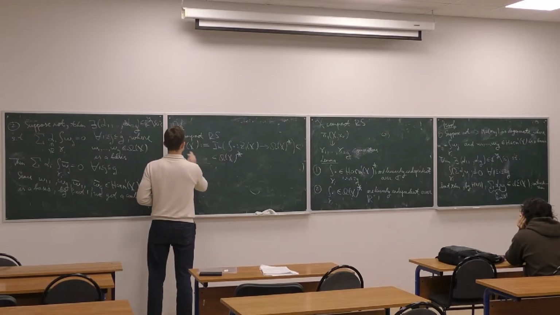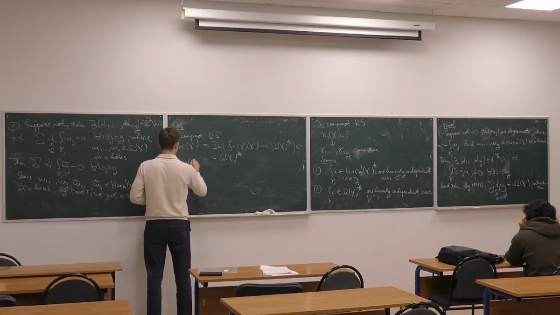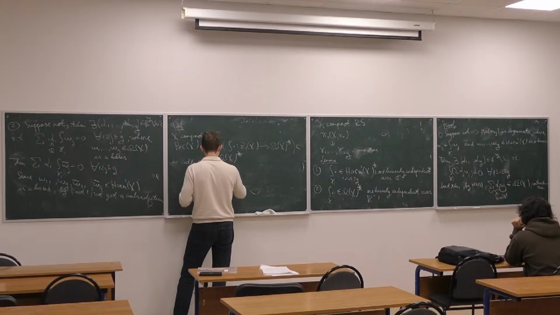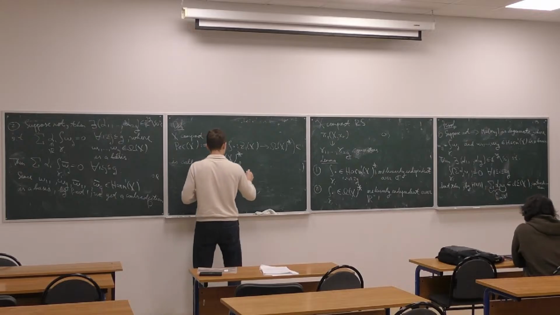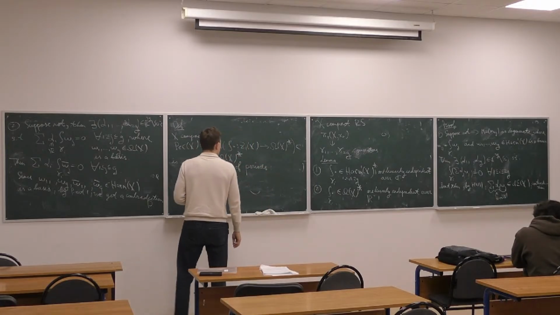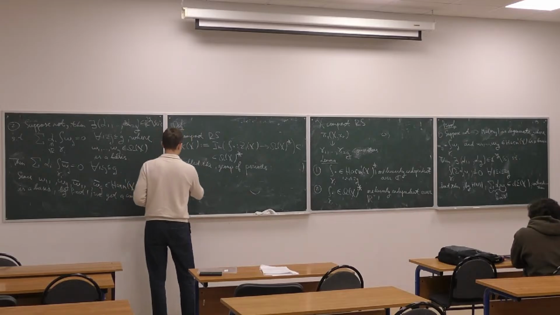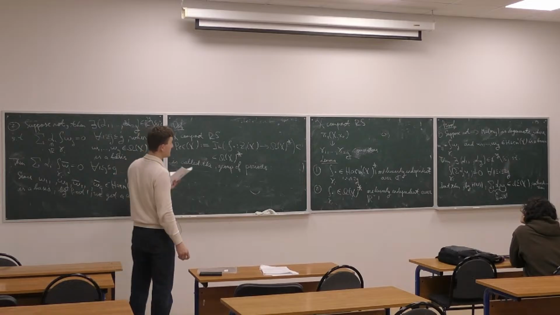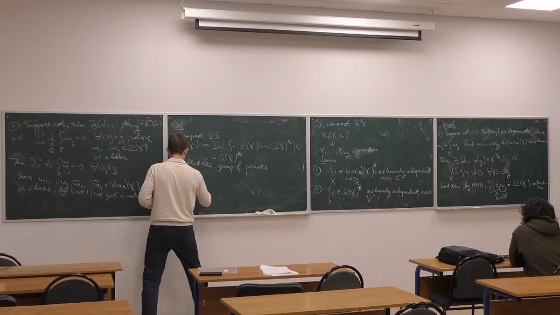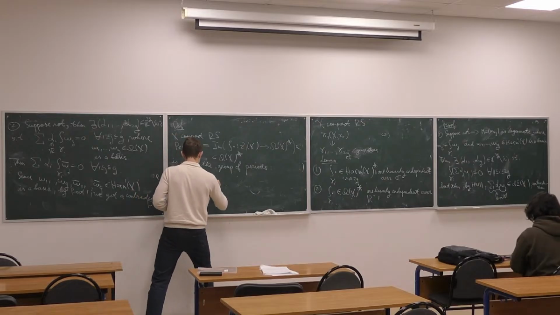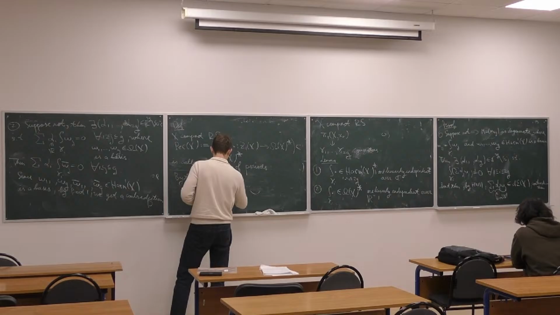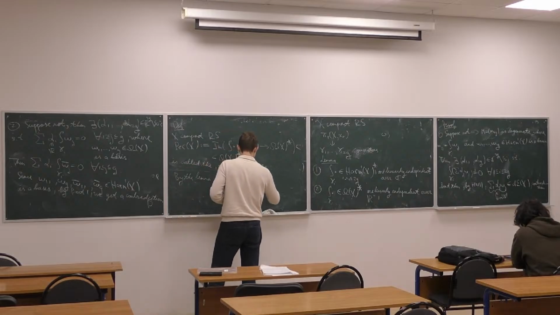This is called the group of periods. And then by the lemma, the group of periods is a lattice.